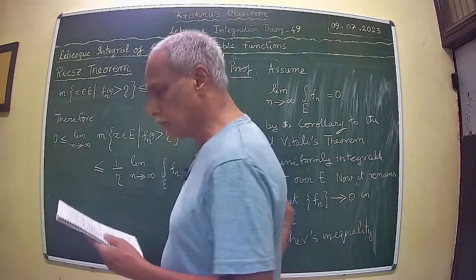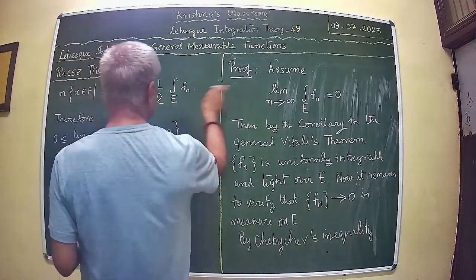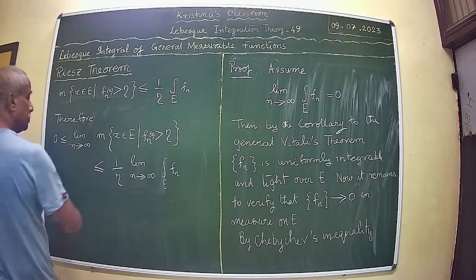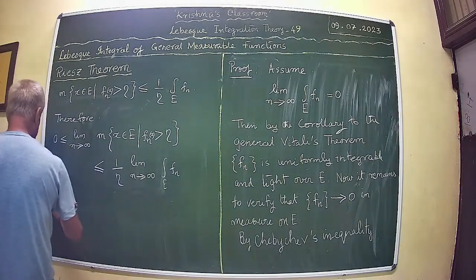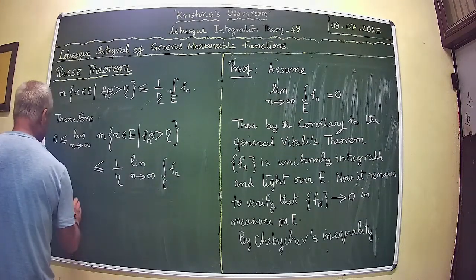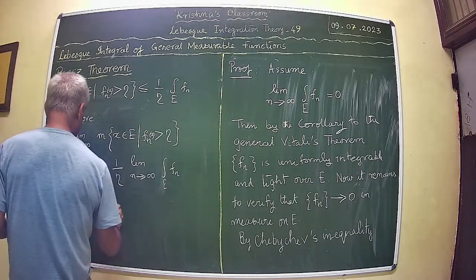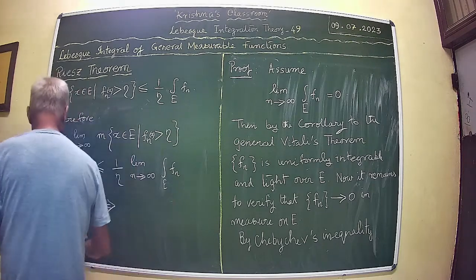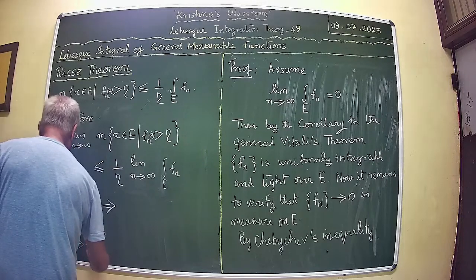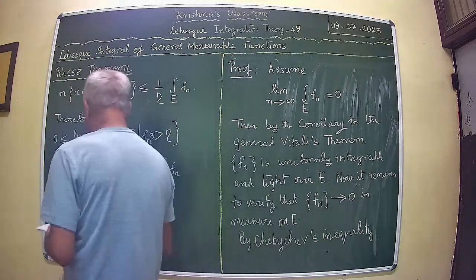Now you know that this goes to 0. Therefore, you have this result: the limit as n tends to infinity of the integral of Fn equal to 0 implies the following: the limit as n tends to infinity of the measure of x belonging to E such that Fn(x) is greater than eta, since this is squeezed between 0 and 0, is 0.